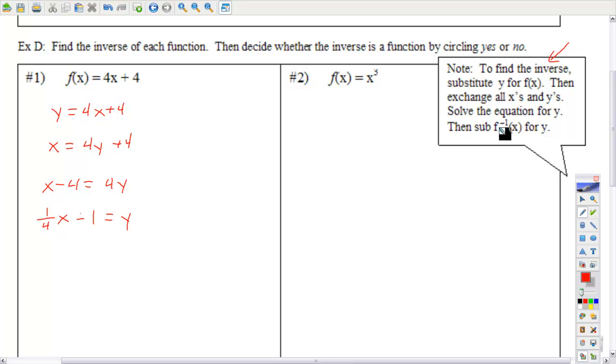Then substitute f inverse of x for y. That is the inverse.